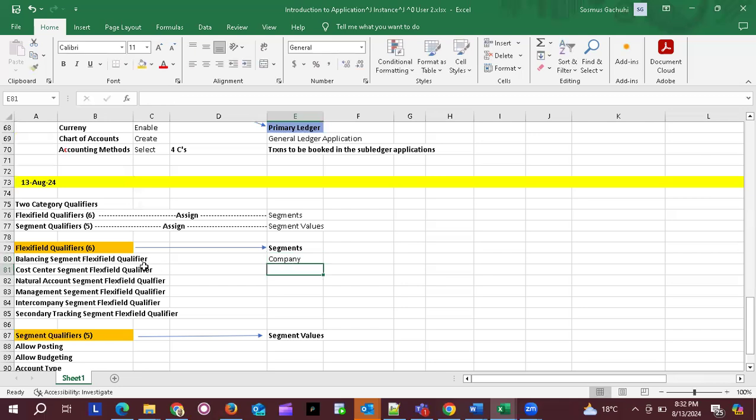Okay. For cost centers segment Flexfield qualifier, we assign it to departments, or cost centers, or branches. You find others are called subunits.